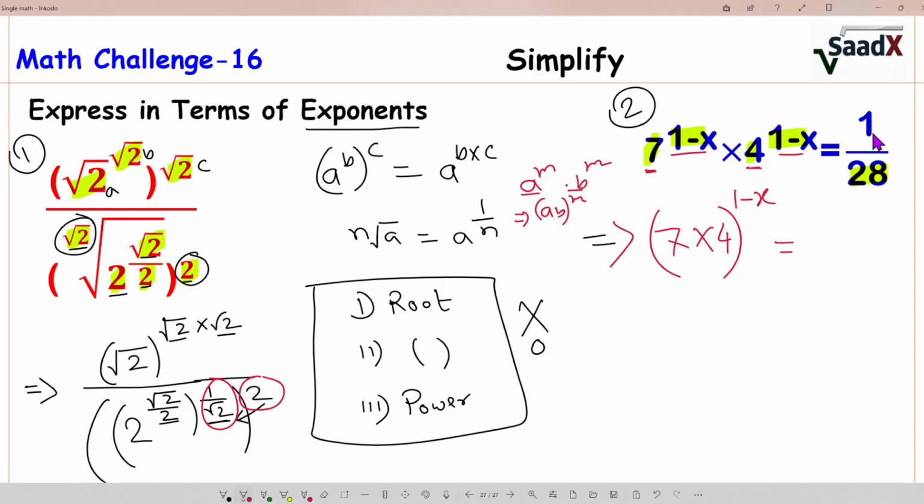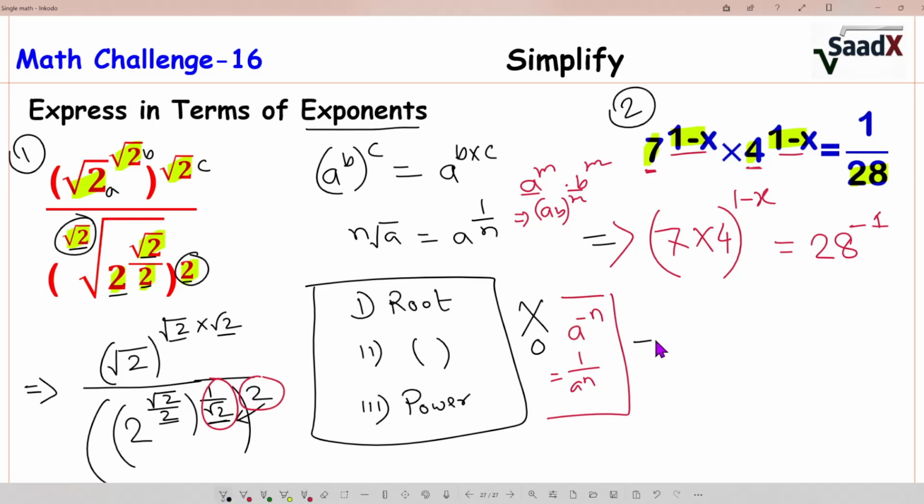And this one, what can we do? Look, this one is 1 by 28. We can write 28 to the power minus 1, because a to the power minus n means 1 by a to the power n, which is called a negative exponent.